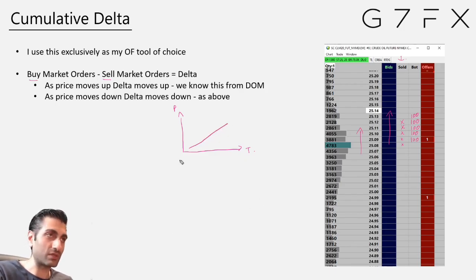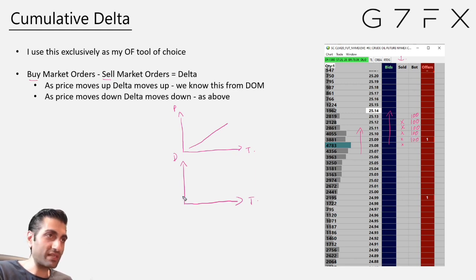What's happened to the delta? Delta and time. Let's remind ourselves, delta is very, very simple. It's buy market orders inside columns, the difference between that and sell market orders. If the delta is positive, buyers are in control. This is why I suggested you do the footprint first. This will be so obvious to you now. We're just taking the difference, right?